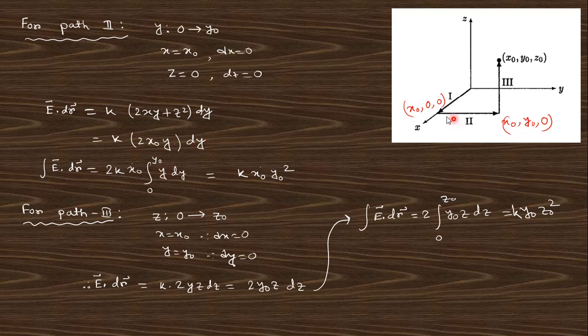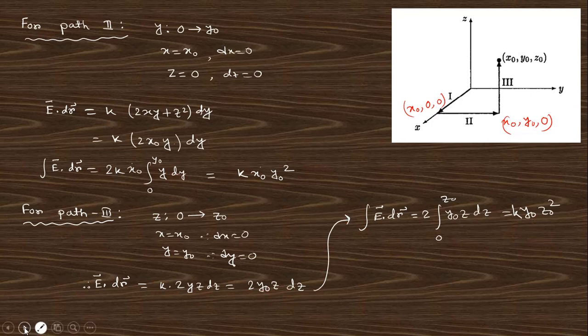If you integrate from 0 to y0, you will get this expression. For part 3, only z changes from 0 to z0, x is x0, y is y0, so dx and dy are 0, only the dz term exists, and putting in y equals y0, you will get this expression.